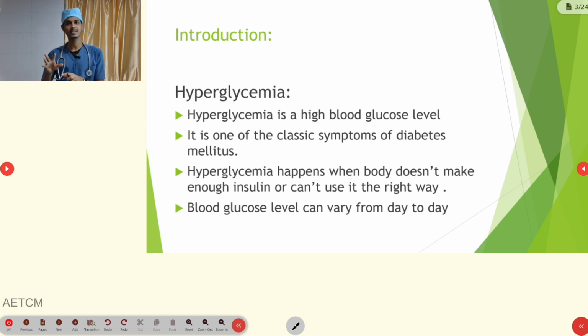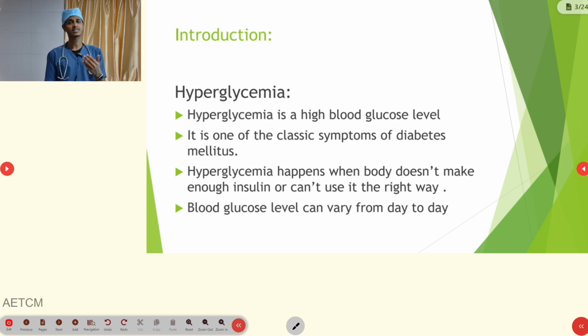Those are the two entities that come under hyperglycemia. Last part we dealt with hypoglycemia. In this part we are going to deal with hyperglycemia, mainly DKA. HHS will be in the next upcoming presentation.